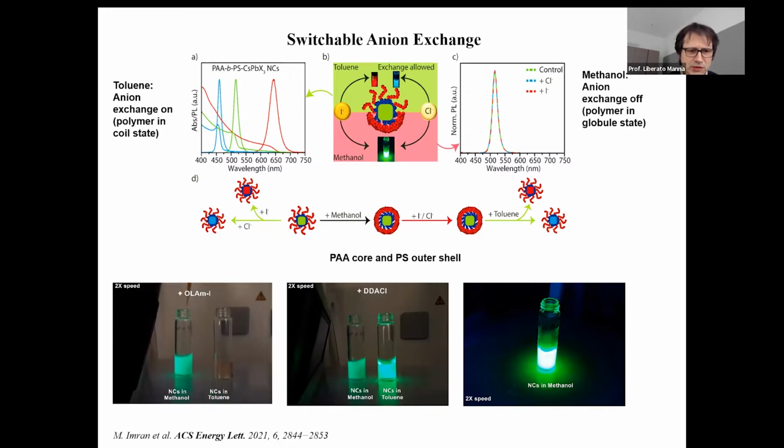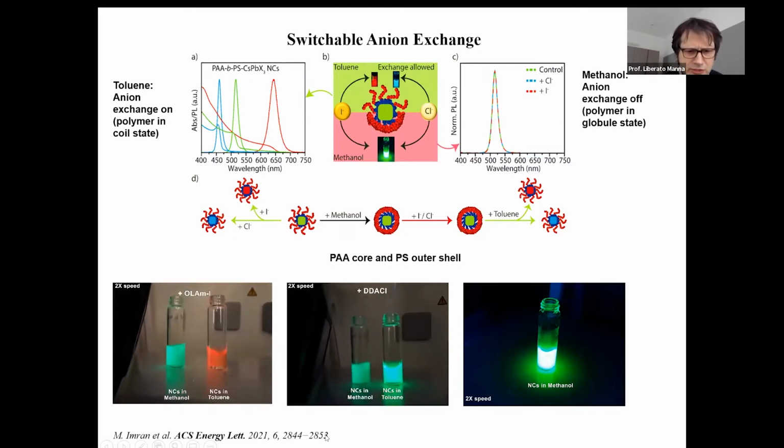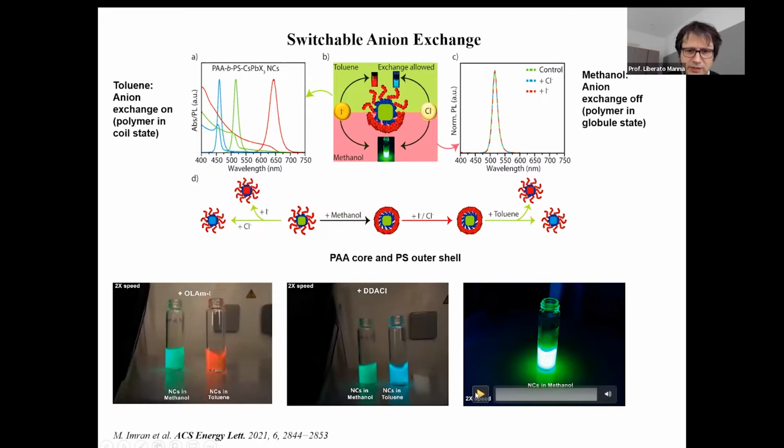So in methanol it is in the globule state, in toluene it is in the coiled state, and the nanocrystals can communicate with the external environment, and you see that they do anion exchange. So this is another example of exchange from the bromide to the chloride. With a precursor, you see in toluene it happens, in methanol it doesn't happen.